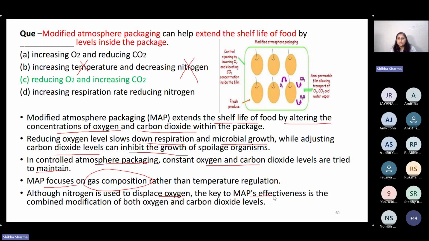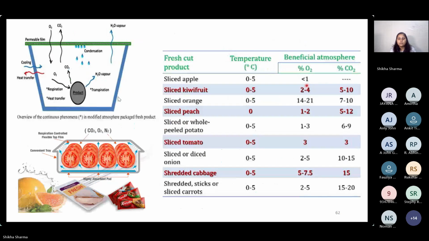The main reason for the effectiveness of MAP is the combined use or modification of the oxygen and CO2 levels. Like we have these food products, so there will be O2 and CO2 control level. So based on that, we can have the increased shelf life.